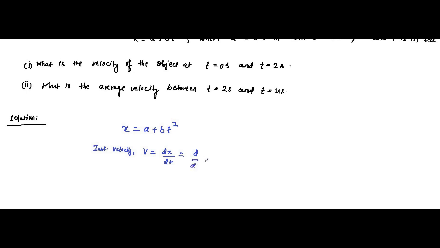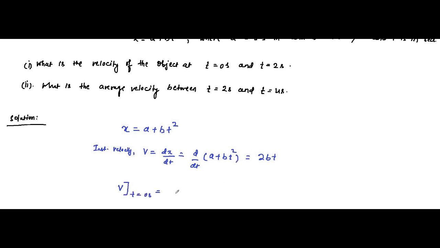So here d by dt of a plus bt square will be equal to 2bt.